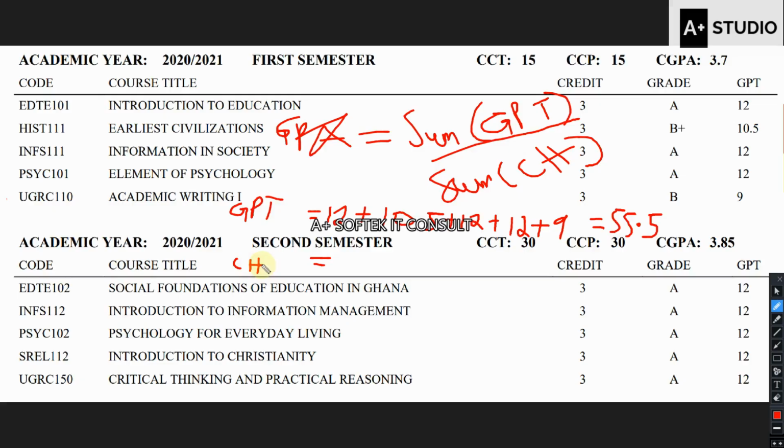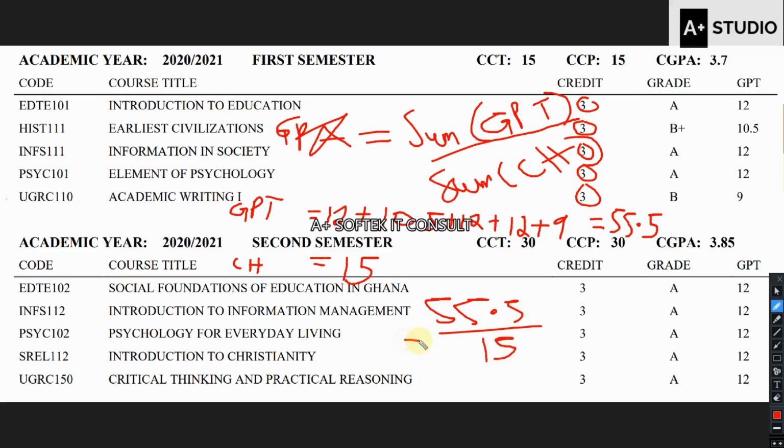When we add all of them, 3 plus 3 plus 3 plus 3 plus 3, that is 15 if I'm right. Yes. So 15, that is 3 plus 3 plus 3 plus 3 plus 3. That is 15. So let's divide 55.5 divided by 15.